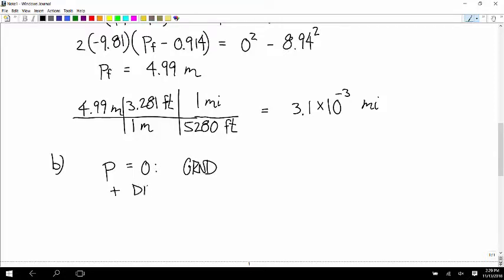Our positive direction, I'm still going to use up. Our time equals 0 instant, I'm still going to use when it's thrown. But I don't have any choice but to change my time final instant. We can't do part B if we keep the same time final. So time final this time is going to be when it hits the ground.